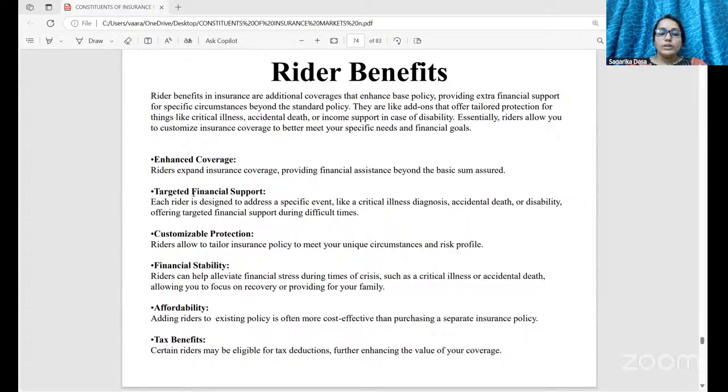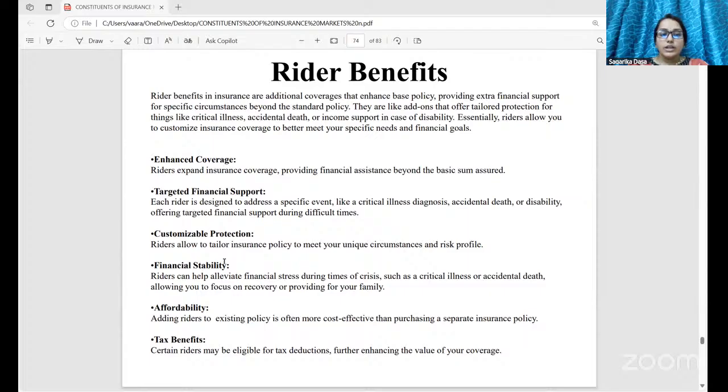So rider benefits are mainly helpful to target the financial support provided to policyholders by the insurance company, whether in the form of accidental death, physical disability, or critical illness. To have additional financial support, the policyholder can go with the rider benefits.